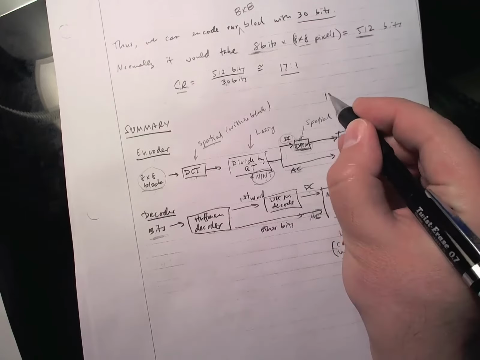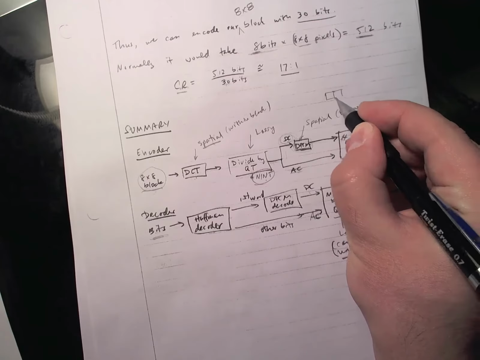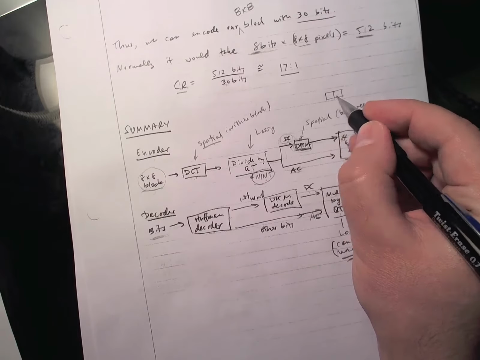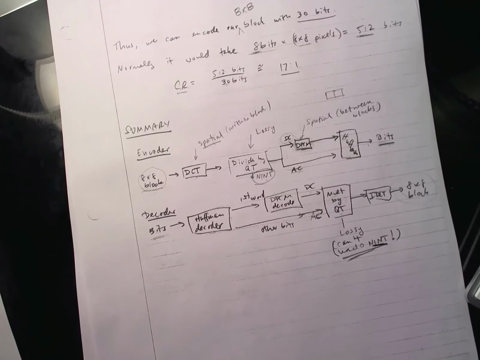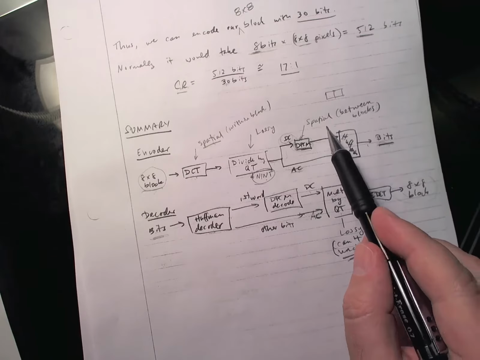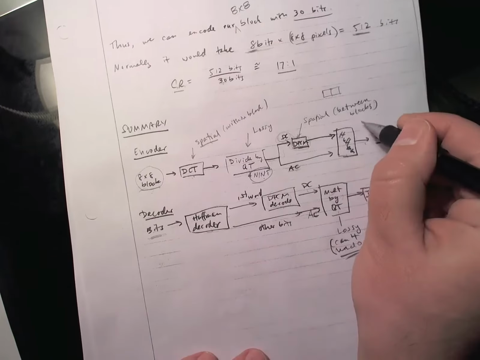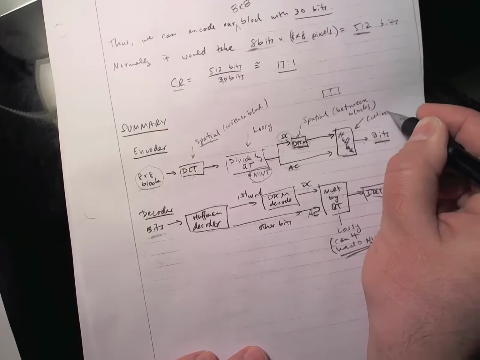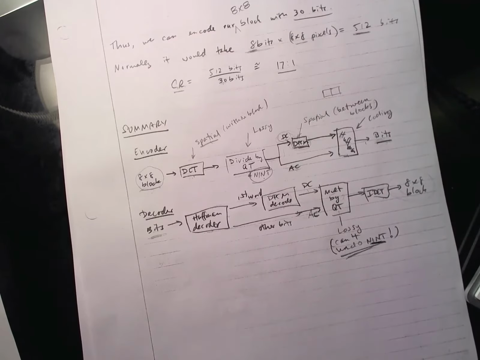If I have two pieces of the image next to each other, if I would average the pixels in here and average the pixels in there, I would tend to get similar values. So that's spatial redundancy. And then here we hit it with a trick that takes advantage of coding redundancy.